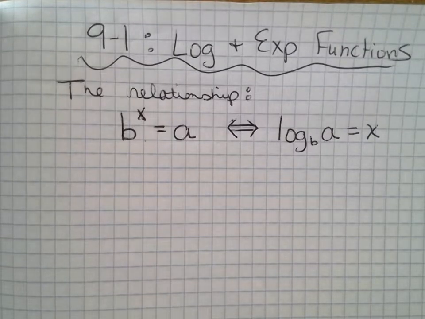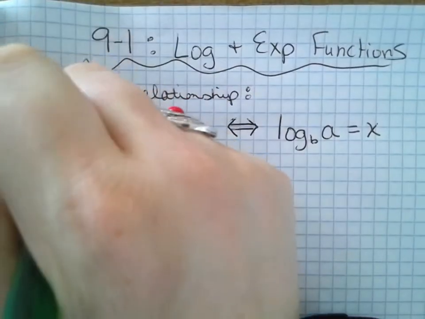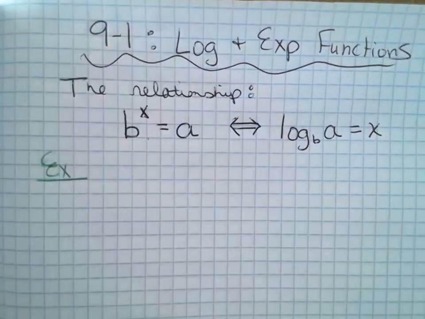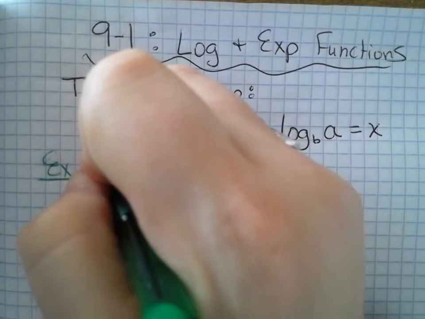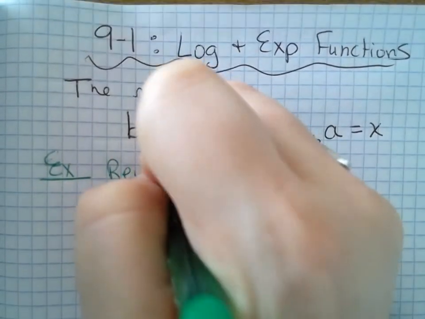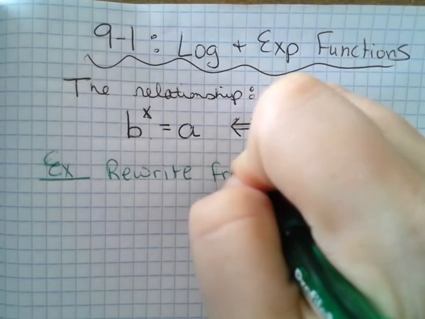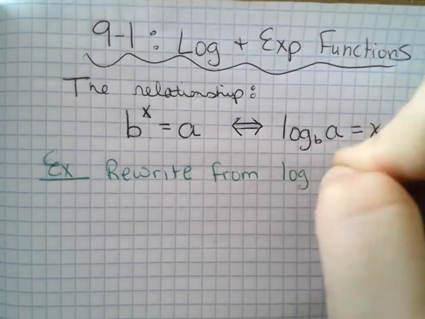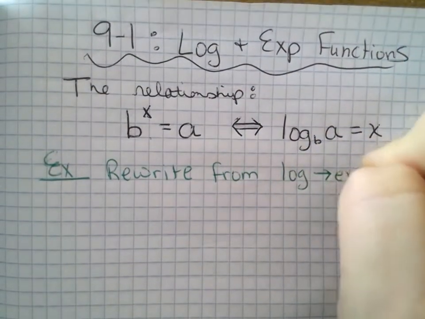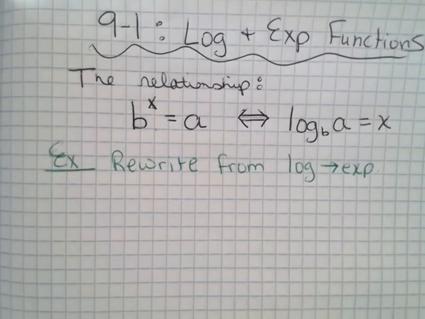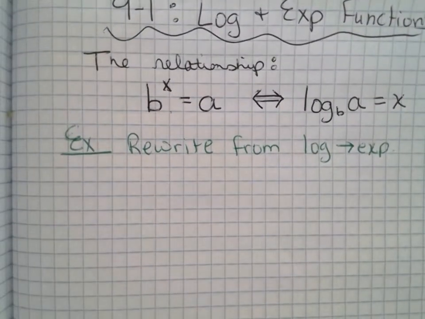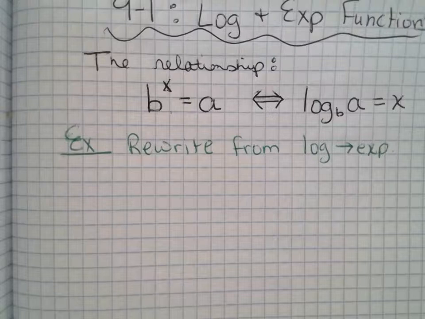All right, so let's do a couple of examples of these. Example. We want to rewrite from the logarithmic form into exponential form. Okay, that's what we're wanting to do here. We want to take our logarithmic form and rewrite it into exponential form.